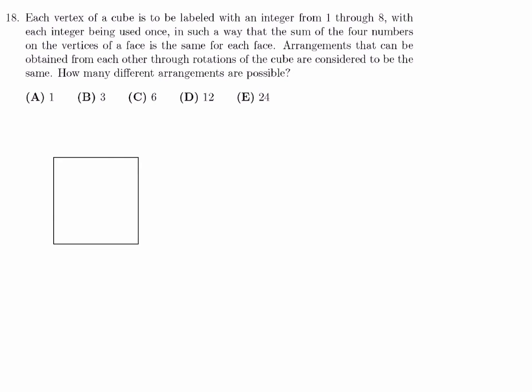All right, let's discuss this. I think this is one of those things that's going to be trial and error. I don't think there's any scientific way, or maybe there is. We'll see. So here's our cube, and let's just label it really quick. I'm going to call this side 1s because I have to label them from 1 to 8. But the other sides, I don't want to do trial and error.